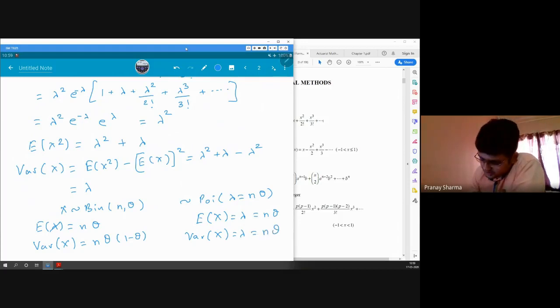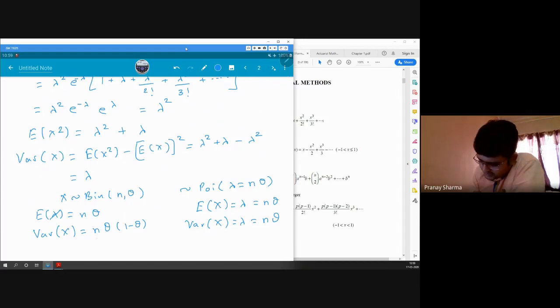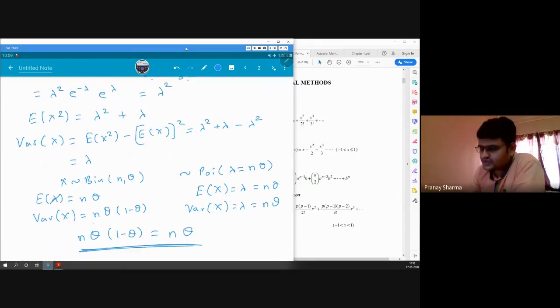Can you tell me for what value of theta can my n theta into 1 minus theta be equal to n theta? For what value of theta will this be equal?